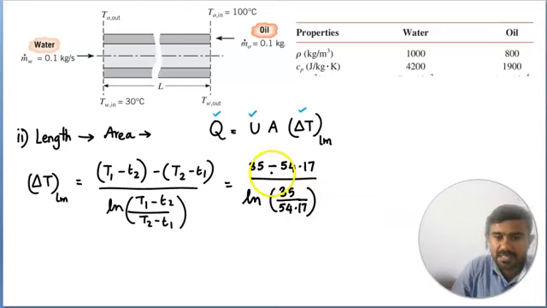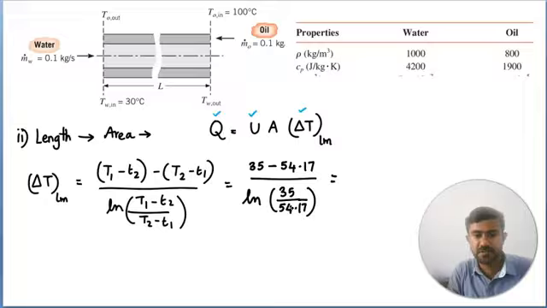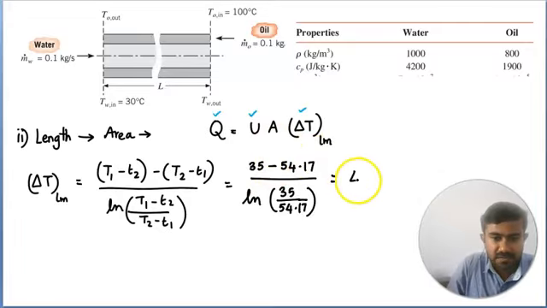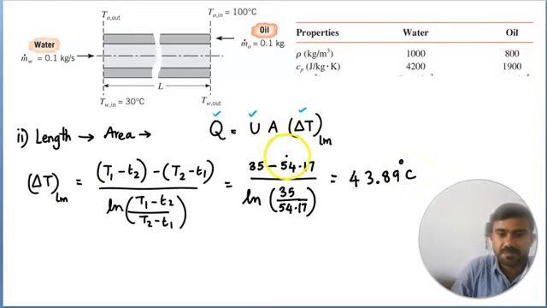Don't worry about the minus in the numerator, because log of a number which is less than 1 will also be negative. You will get a cancellation. We get the LMTD as 43.89 degrees Celsius. So this is the LMTD for counterflow configuration.